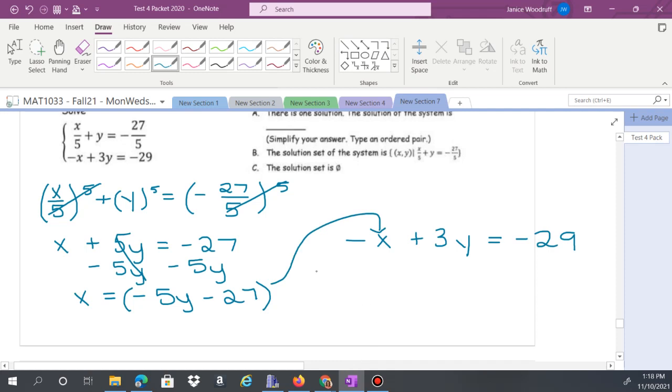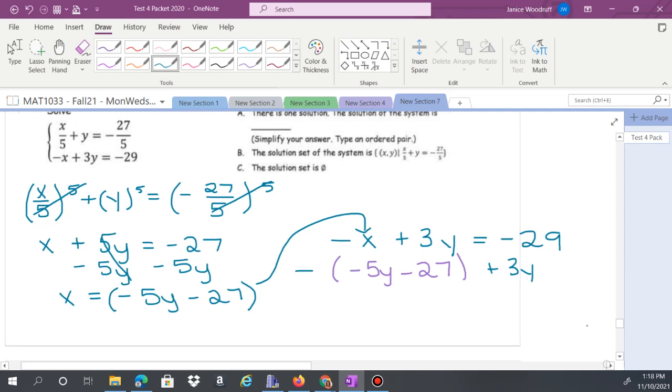Okay, so this is negative, and then I get my x, which is, and I'm going to change a color for emphasis here, negative 5y minus 27, and then I bring the rest of the equation down. Plus 3y equals negative 29. Okay, so you get that plugged in. Now you're going to work this out.